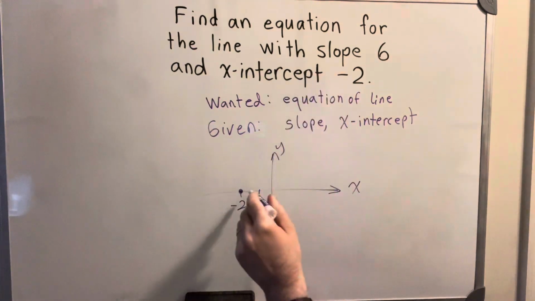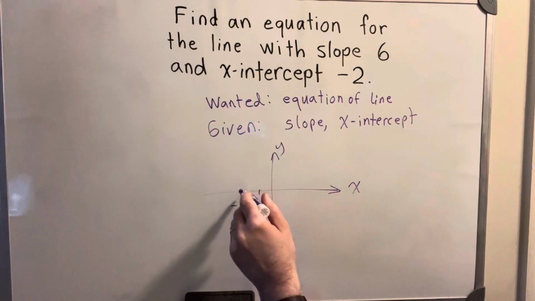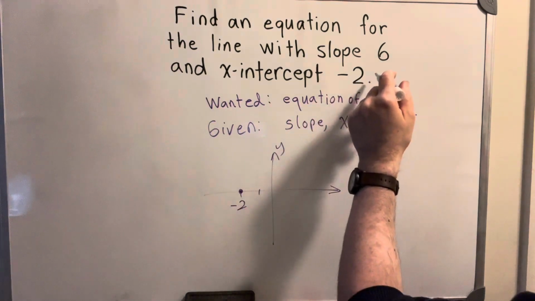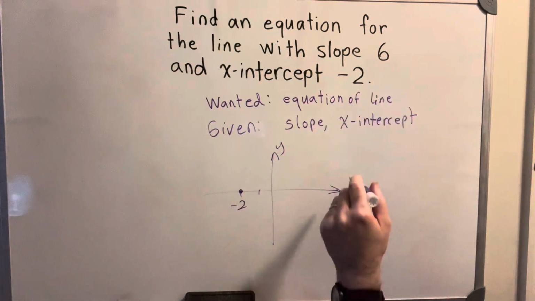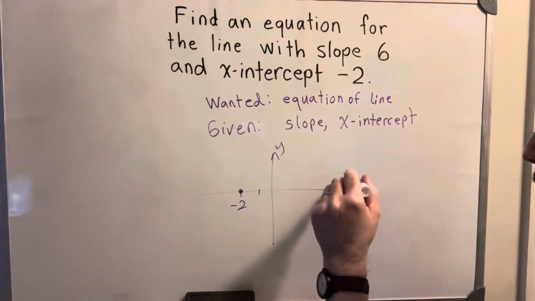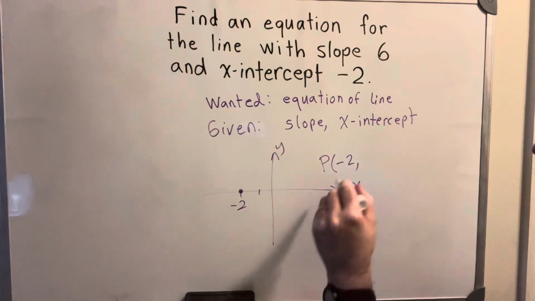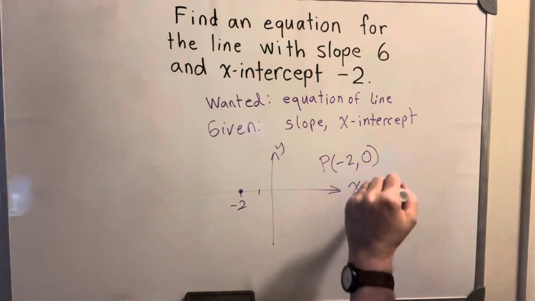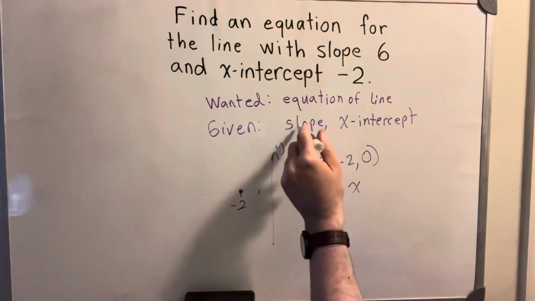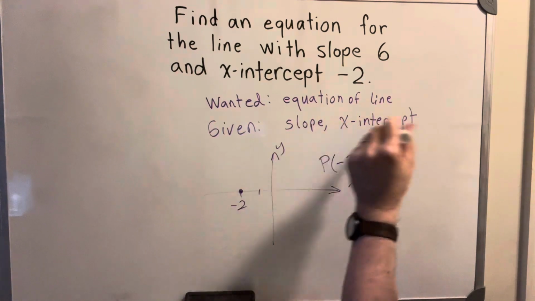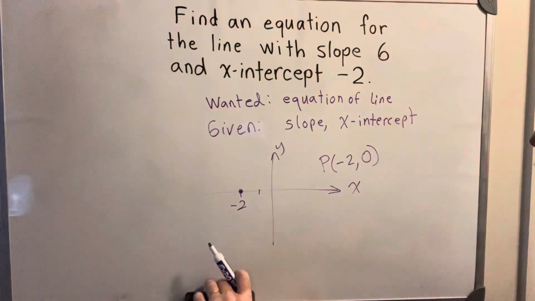It's the x-intercept right here. That means that we can infer another piece of information that's not explicitly stated. We know that the y value at this point is 0. So sometimes from what you are given, you can conclude some more information.